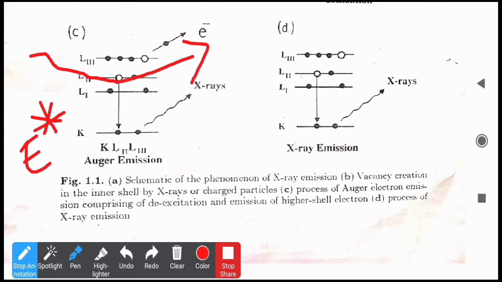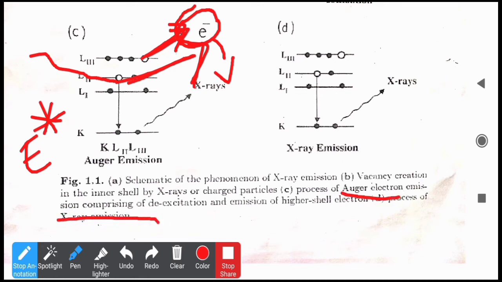De-excitation of the molecule takes place by the emission of another electron. So once the primary electron is ejected, to de-excite the molecule, another electron is also ejected. Two electrons are ejected, and the second electron, ejected for the de-excitation, is called the Auger electron. This is simply called the Auger electron emission technique.